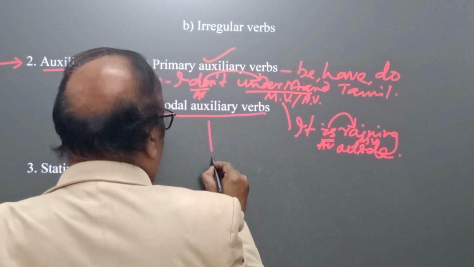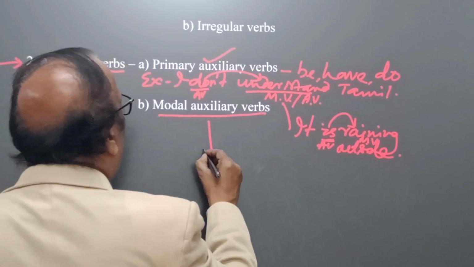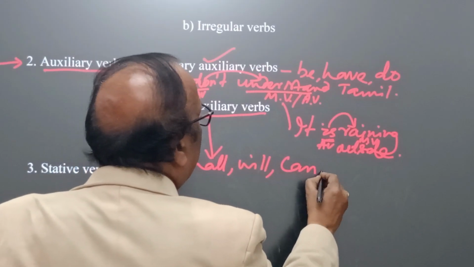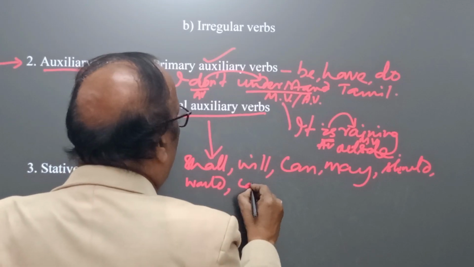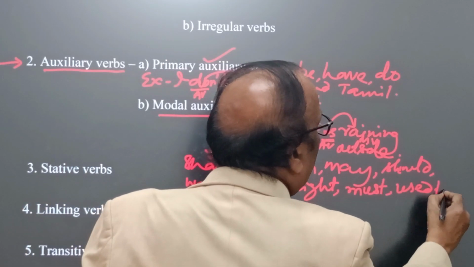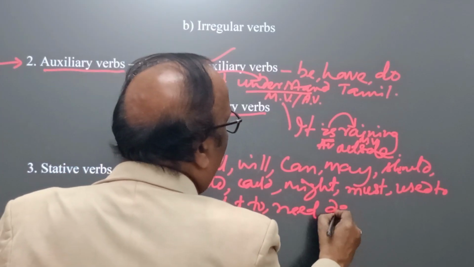Modal auxiliary verbs are of 13 types: shall, will, can, may, should, would, could, might, must, used to, ought to, need, dare.